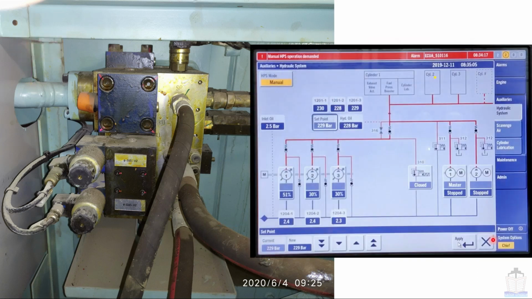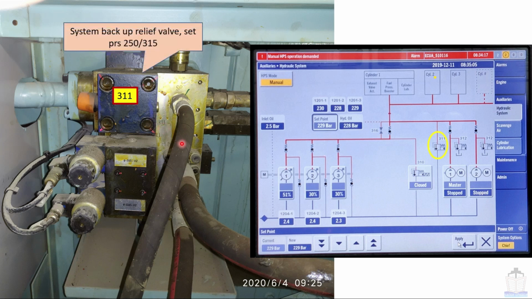Here we are going to see the position of valve number 311 and 310. This is 311 shown in the hydraulic diagram. Here this valve is 311. Here also stamped on the body 311, as you can see. This valve number 311 is named system backup relief valve.